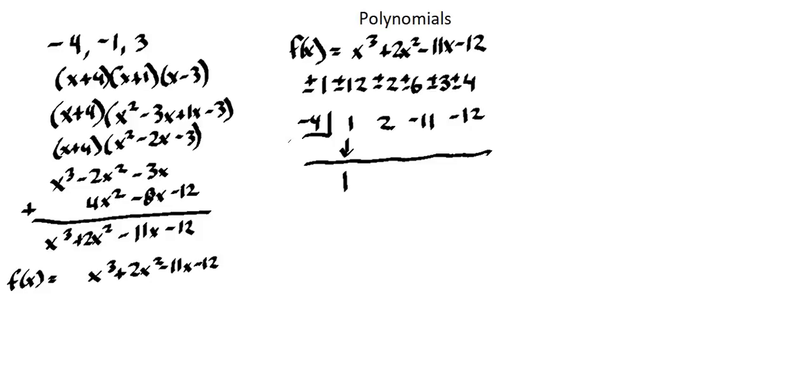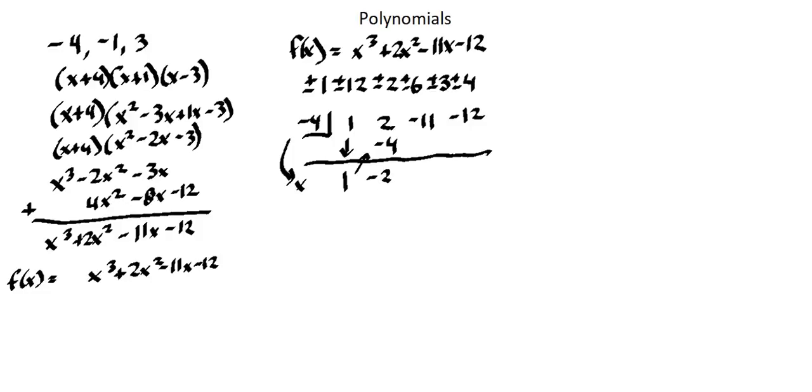And now I want to multiply the zero that I've selected for evaluation, negative 4, times 1. That gives me negative 4, and that's going into the empty row. Now, the math I'm going to do here is addition. 2 plus negative 4 gives me negative 2.